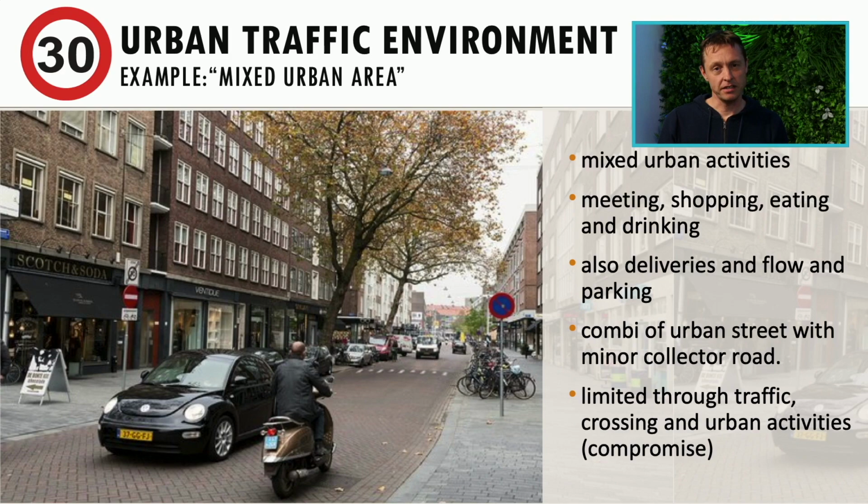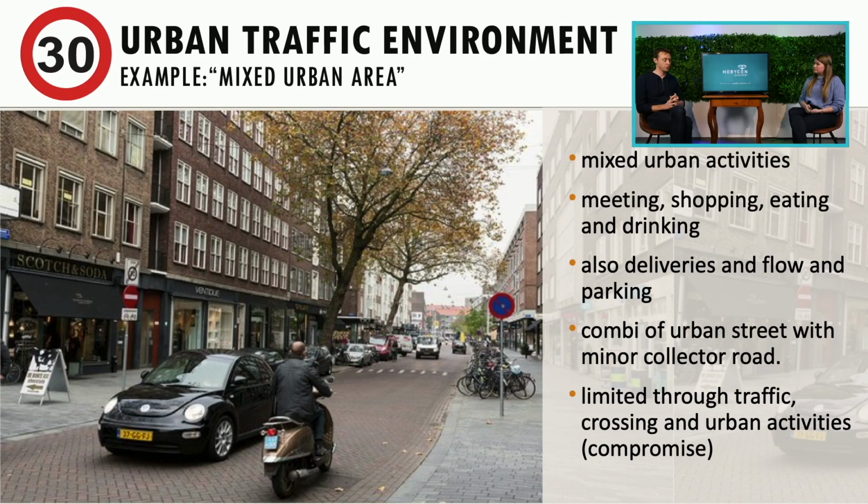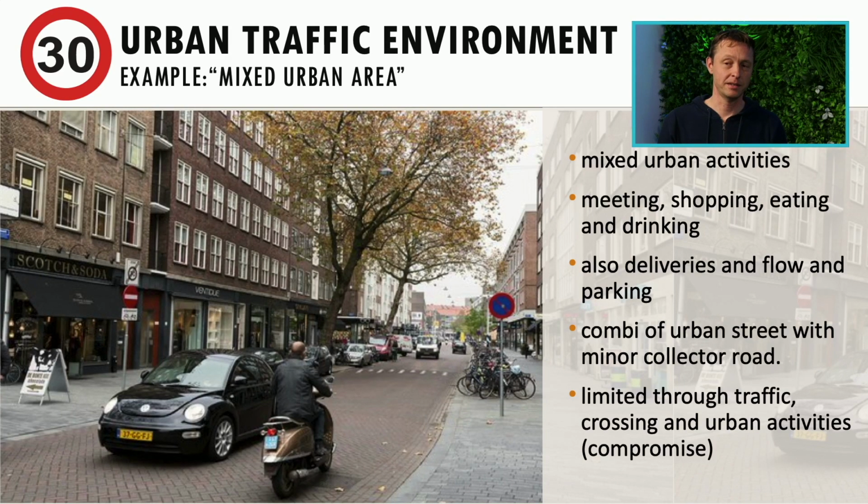If you translate that, we thought that 30 kilometers an hour is a good maximum speed, because there will still be a lot of crossing in the street, and if cars drive by at 50 or faster, it's not really nice to cross the street. It's not safe, and people won't cross the street, and it will be a traffic street.